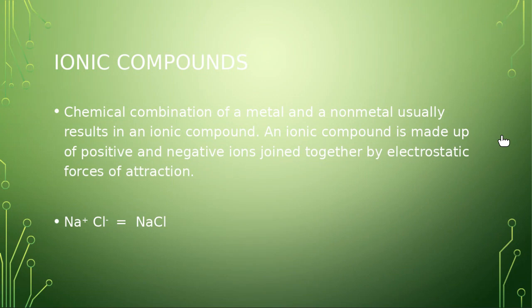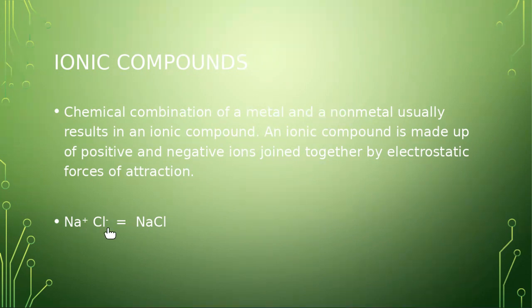Generally, we call this the attraction of oppositely charged objects. For example, the sodium atom, you know that this is a metal, and always wants to give its electron to the other.